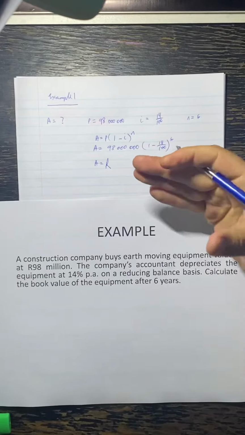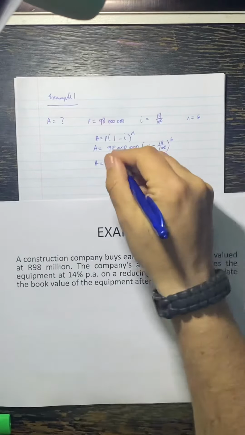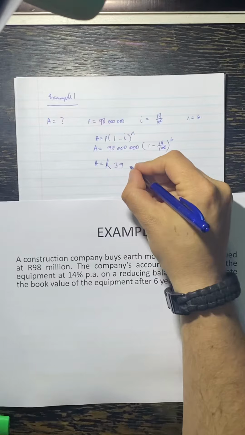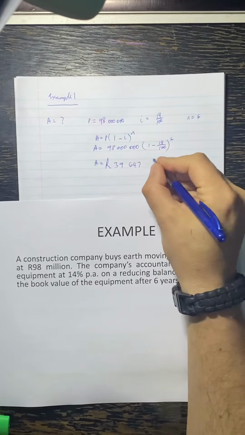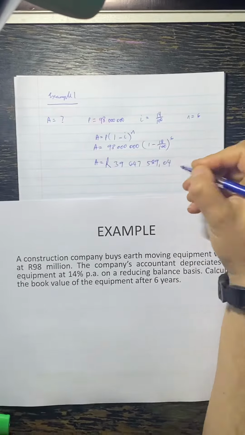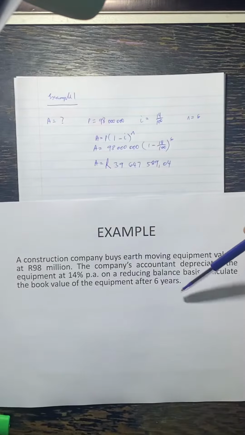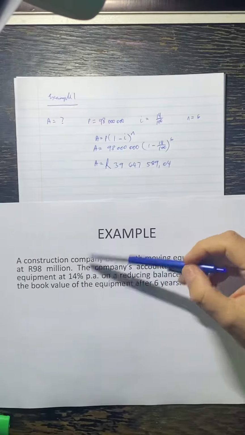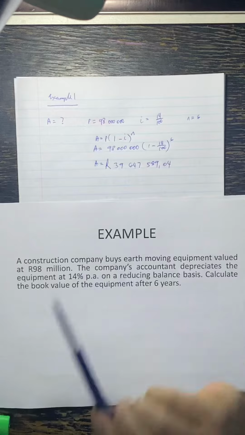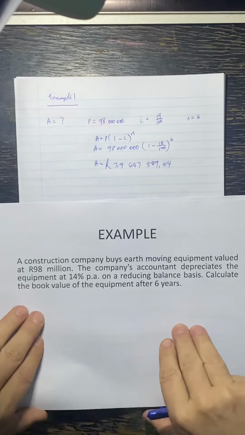You need to round off your answer to 2 decimal places. And we get 39,647,589 Rand and 4 cents. That means that after 6 years, this equipment has depreciated from 98 million to 39 million. We'll go on to the next example.